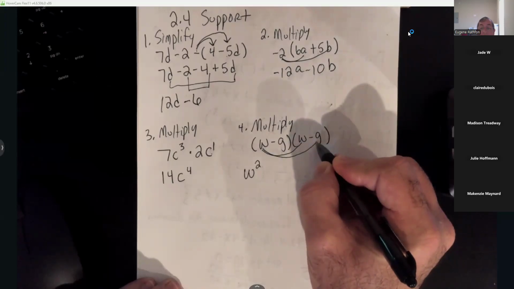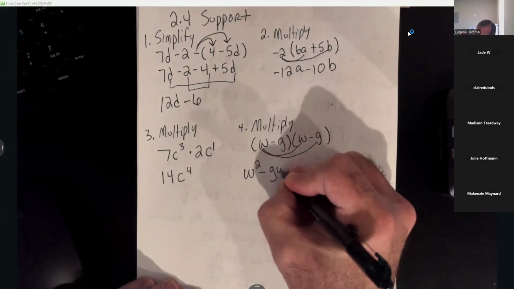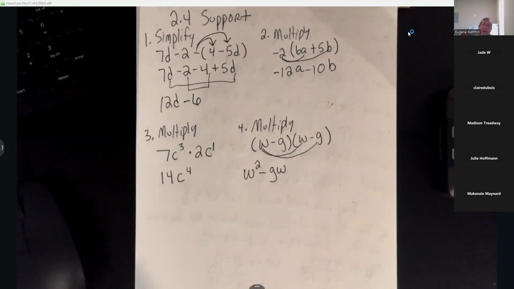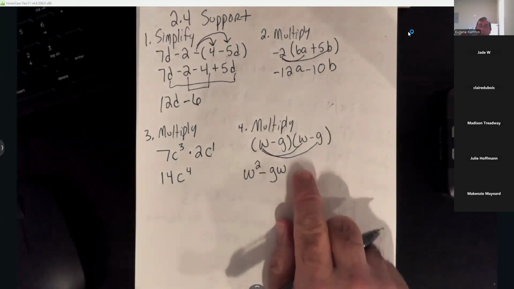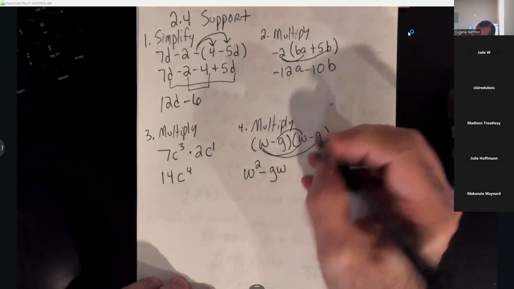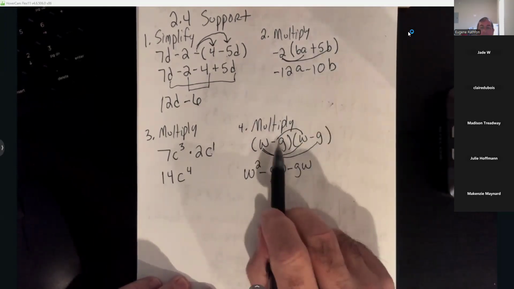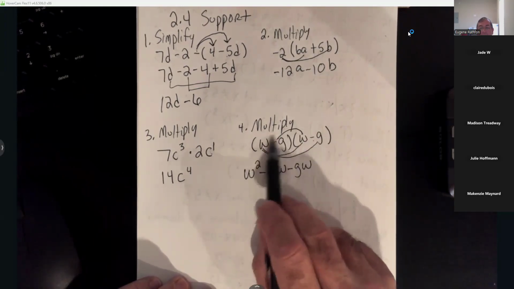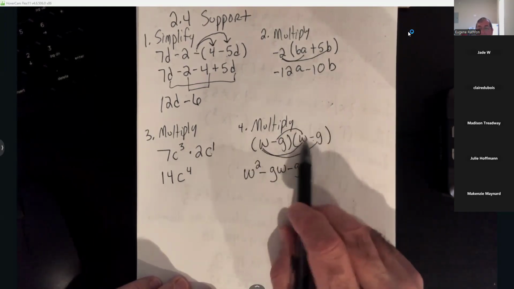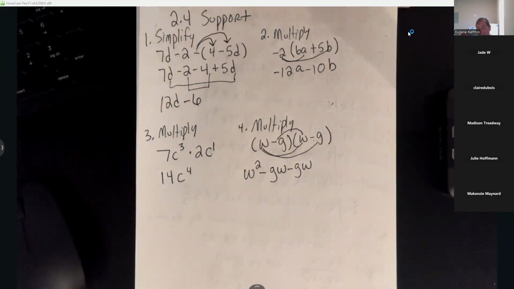W times a negative G is a negative GW. So I'm just going to put my variables in alphabetical order. Now, negative G times W is a negative GW. So when you're multiplying the same things times each other, like this W minus G times a W minus G, these middle terms always match, okay?